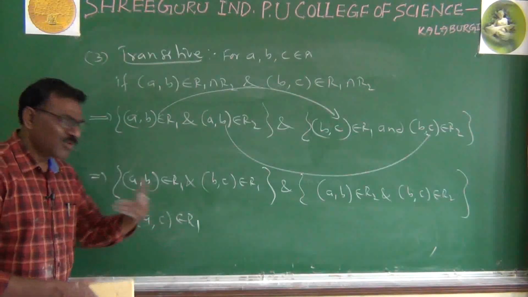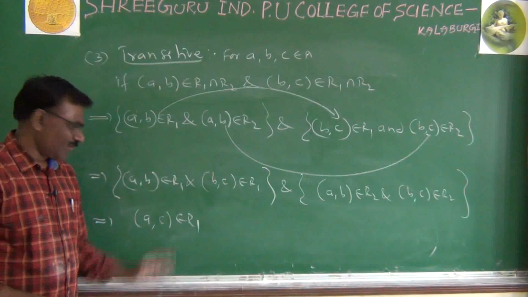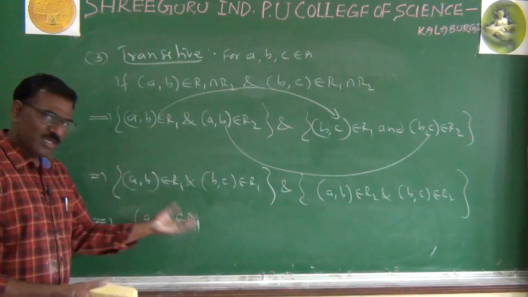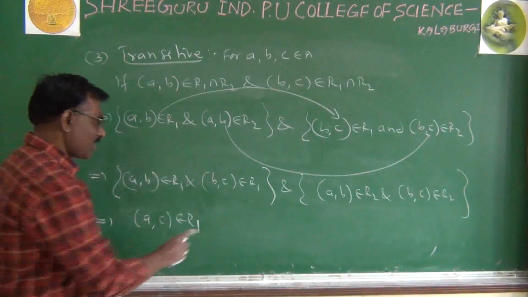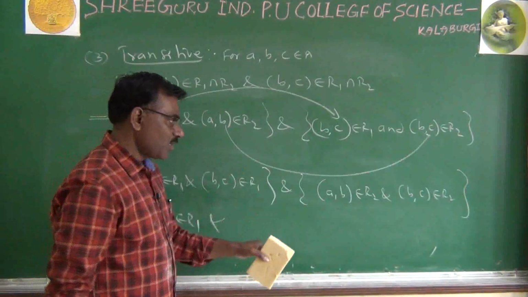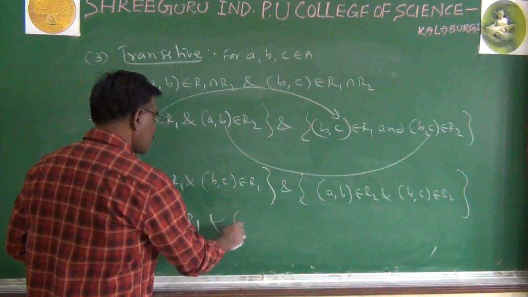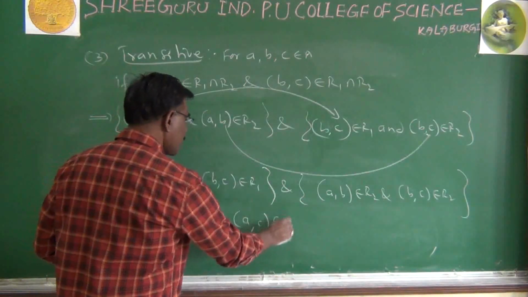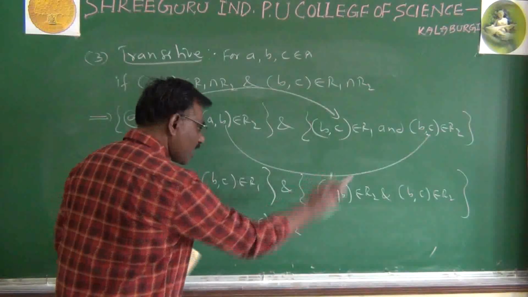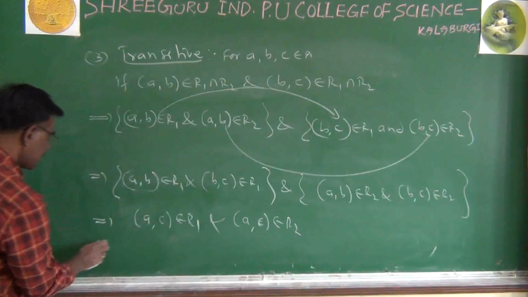Why? Because R1 is an equivalence relation. And a, b belongs to R2, b, c belongs to R2. Here also transitive, so a, c belongs to R2. Why? Because R2 is an equivalence relation.